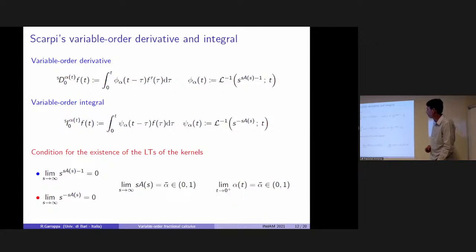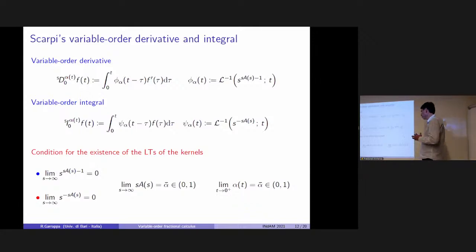And thanks to the final value theorem, the initial value theorem of the Laplace transform, we have that a necessary condition for the existence of the Laplace transform of the kernels is that the limit for t tending to 0 must be strictly in the interval between 0 and 1.